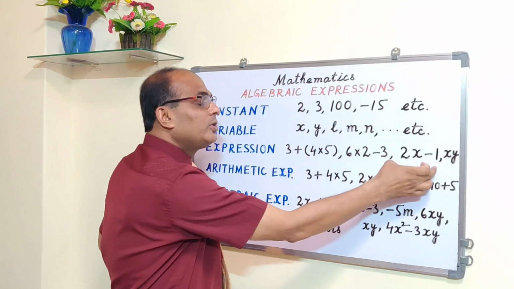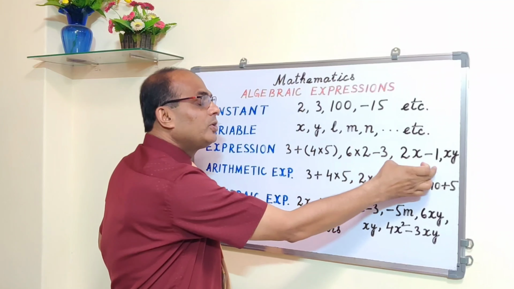7x square is one term. Alright, and the factors of this 7x square are 7, x and x. You can write down 7x square as 7 multiplied by x multiplied by x. Alright? So this is a monomial.